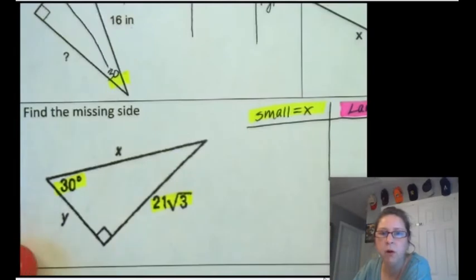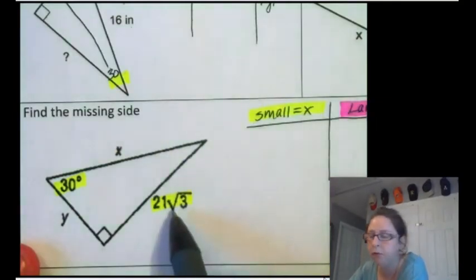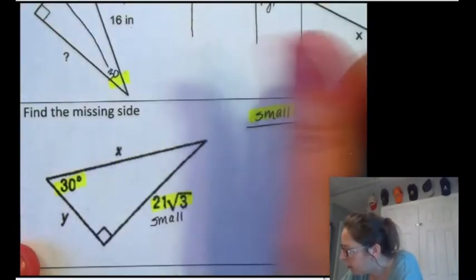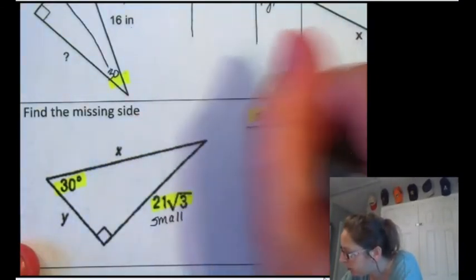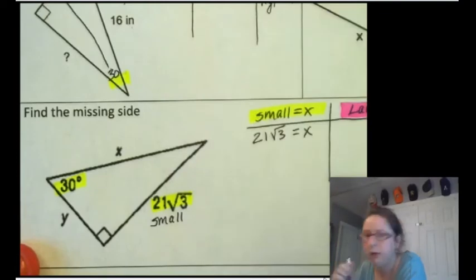So the small side equals x. So let's do this. The small side is 21 square roots of 3. So that is what x equals. 21 square roots of 3 equals x.